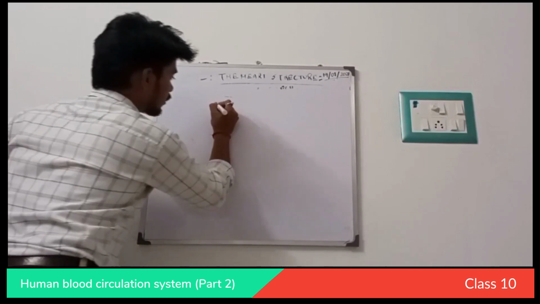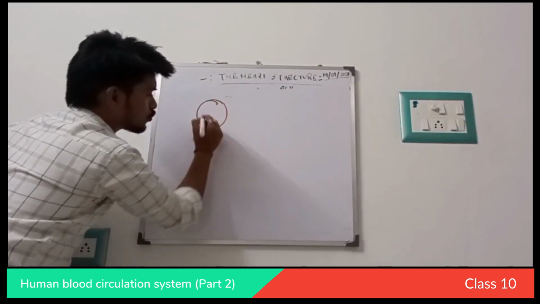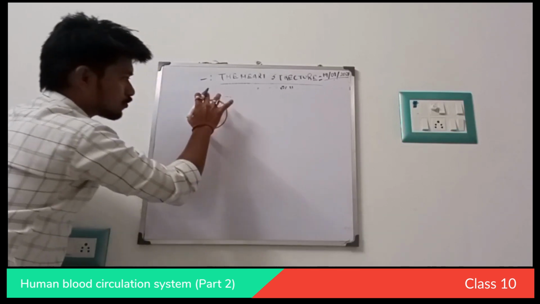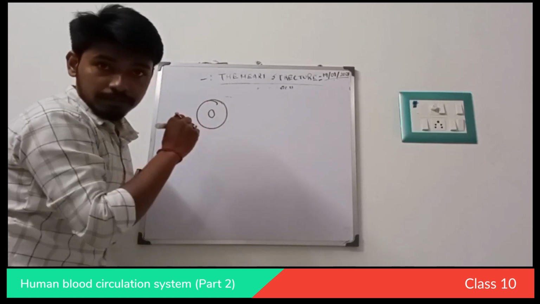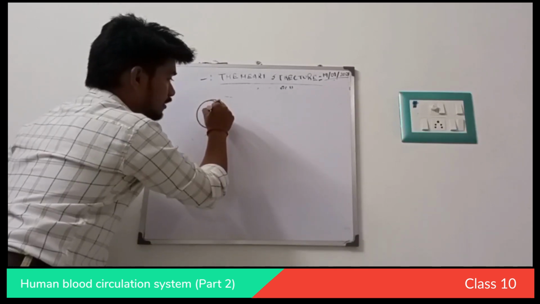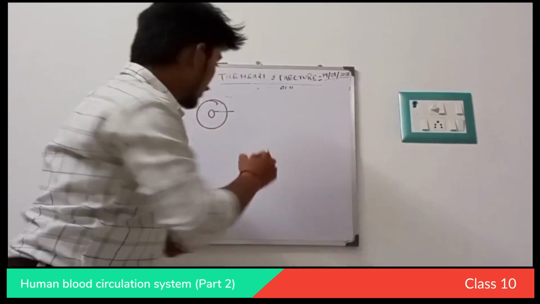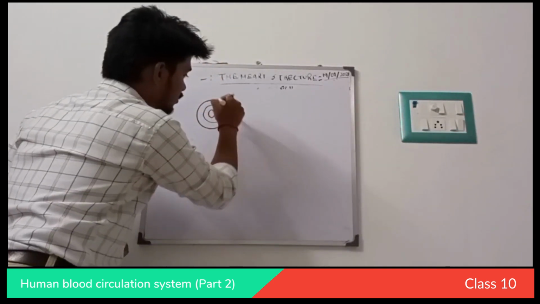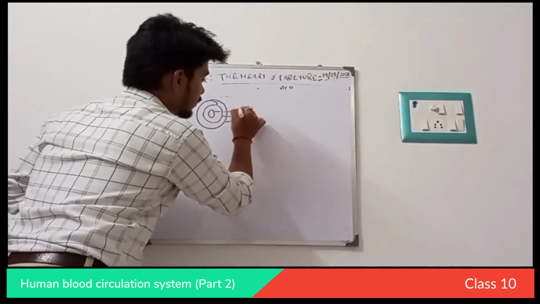The lumen has three main layers. The innermost part is the basement membrane around the lumen. After that comes the tunica intima, then the medial structure, which is the tunica media, and then the tunica adventitia.